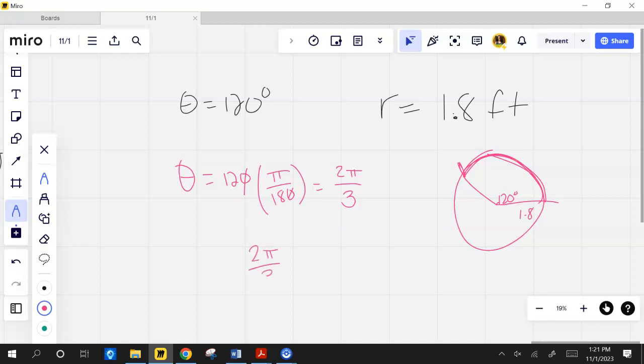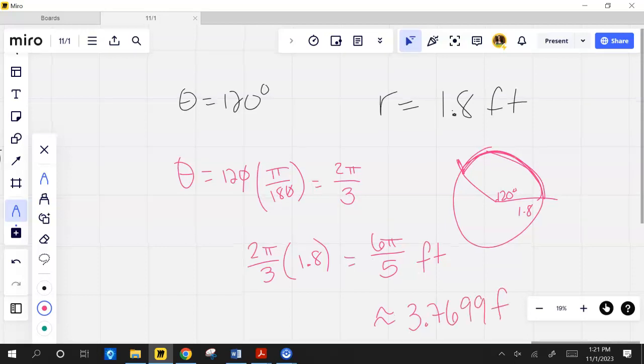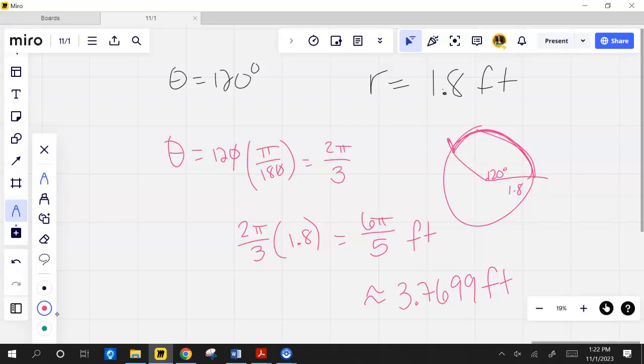I got 2 pi over 3 times 1.8, or approximately 3.7699 feet. You did get that?